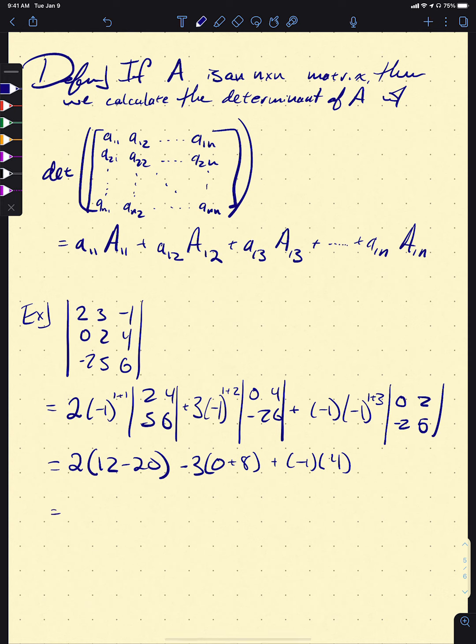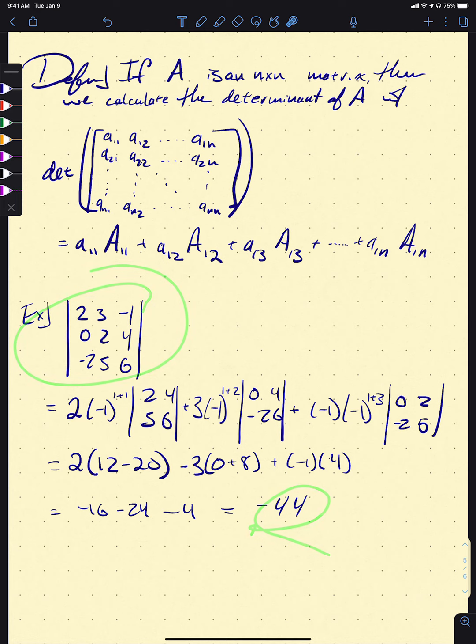So that looks like it's going to be minus 16 minus 24 minus 4, which equals negative 44. So the determinant of this matrix is negative 44. And that means that it's not 0, so it therefore must have an inverse, okay?